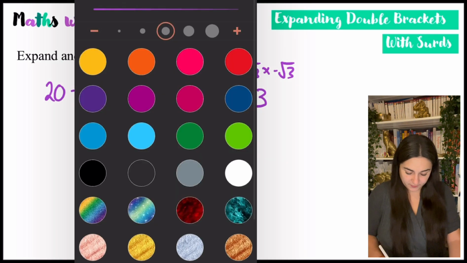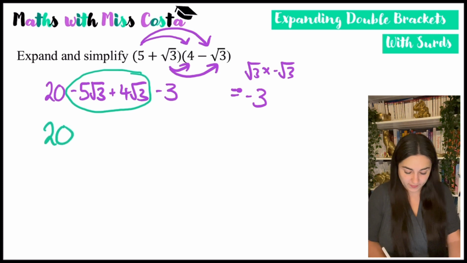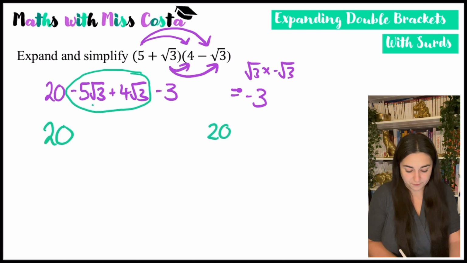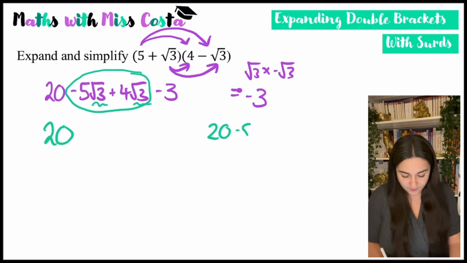I simplify the 2 middle terms, so that would become 20. And remember, just like algebra, so if you get stuck on this part, just write it out. And instead of the surd, just write an a if they are the same surd. Obviously, if they're not, you can't do this. So 20 take 5a plus 4a take 3. How would that simplify? Well, that would be 17, because 20 take 3 is 17.